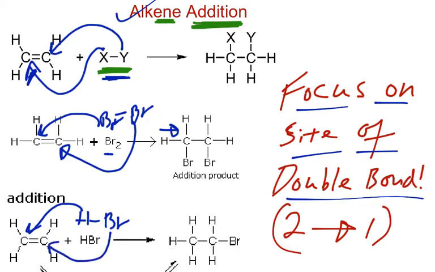Now please notice, guys, that when we do an addition reaction, we go from a double bond to a single bond. Don't forget to do that. Whenever you're doing an addition reaction, a bond is lost in the unsaturated compound. So we go from 2 to 1 in this case.